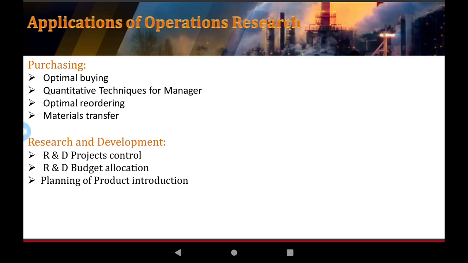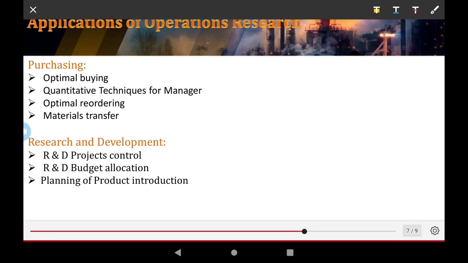You contact some dealers, and tenders, and purchase from suppliers. You discuss with the suppliers the rate of the raw materials and the transport facility of the raw materials, and you purchase from suppliers nearby your plant.